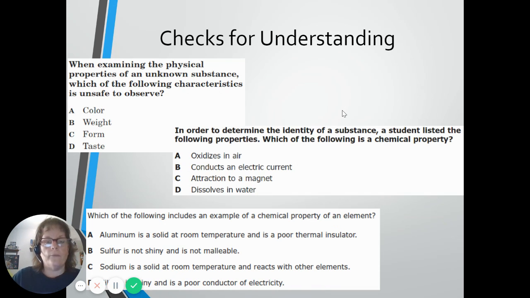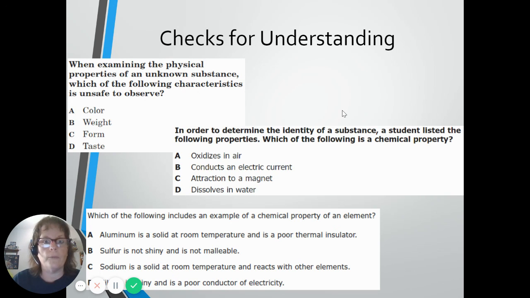All right, let's see if we understand. The first question says, when examining the physical properties of an unknown substance, which of the following characteristics is unsafe to observe? Now, we covered this in our safety unit. We said you should never, ever, ever do this, especially in chemistry class. So you're looking at physical properties. A lot of times you use your senses to do that.